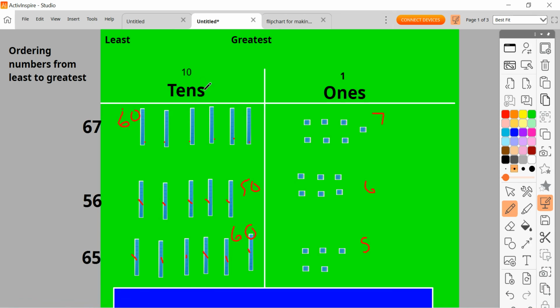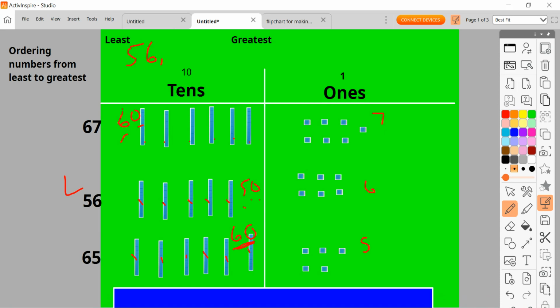If I look at my numbers over here, I have values that are 60, I have a 50, and I also have 60 down here. My smallest value is 50 because I know 50 is less than 60. So automatically, the least number is 56. I'm going to say we have 56 as our first number, the smallest.